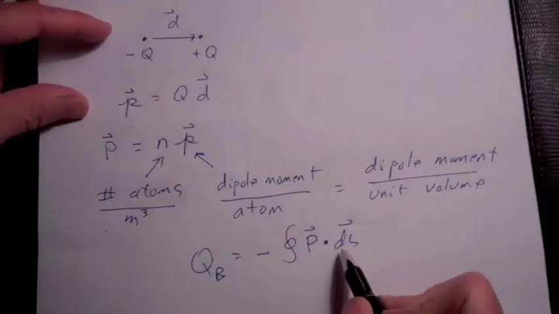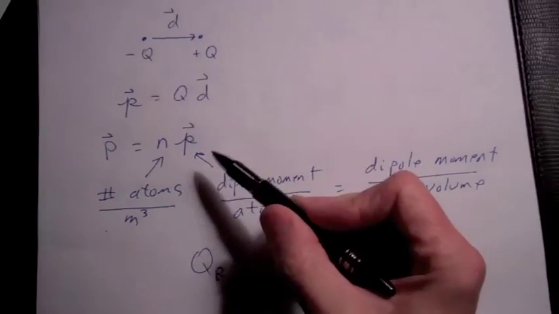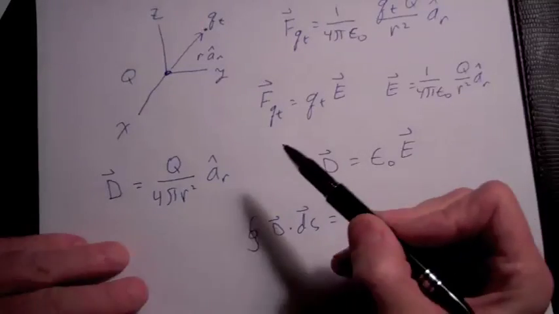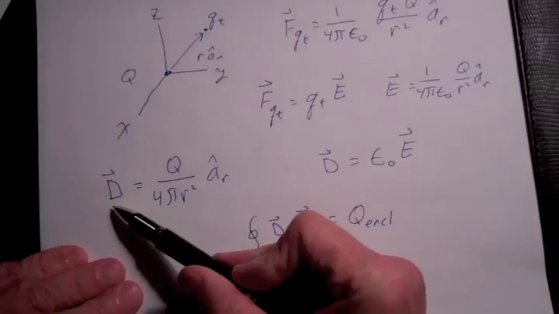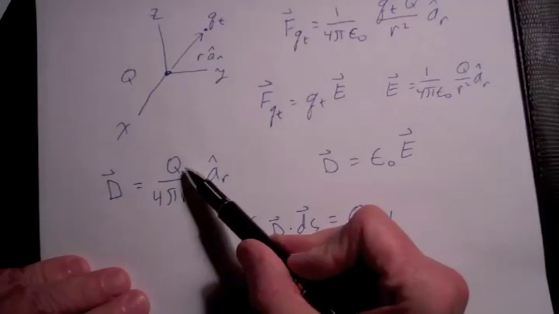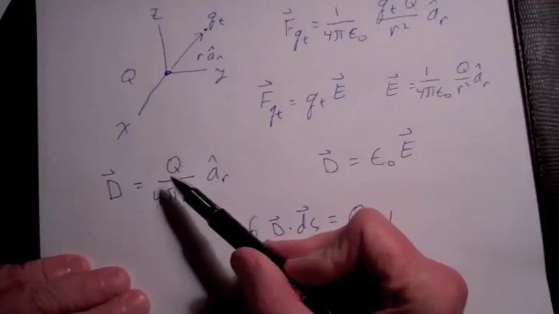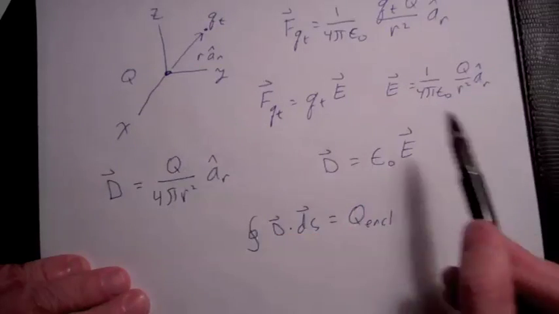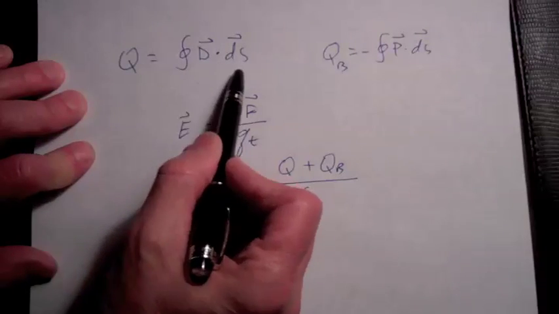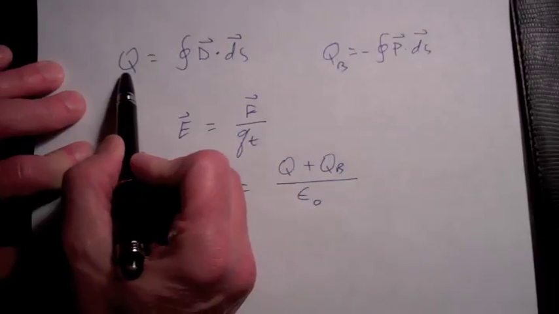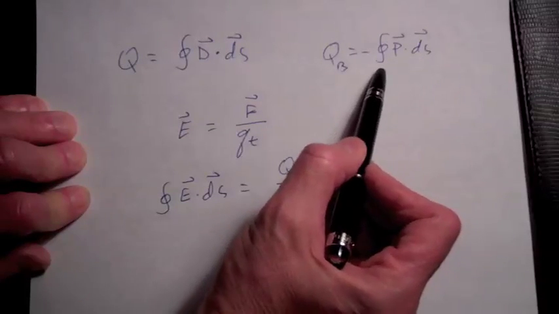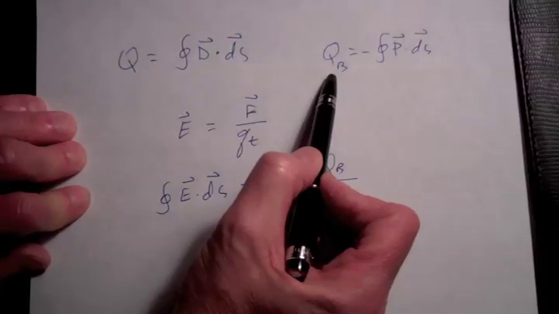So the polarization arises from these bound charges, and we're going to make the distinction now that the electric flux density arises from what we will call free charges. These are charges that are not bound but are free to move. The integral of D dot dS over a closed surface will give us the free charge enclosed, minus the integral of P dot dS around a closed surface will give us the bound charge enclosed.